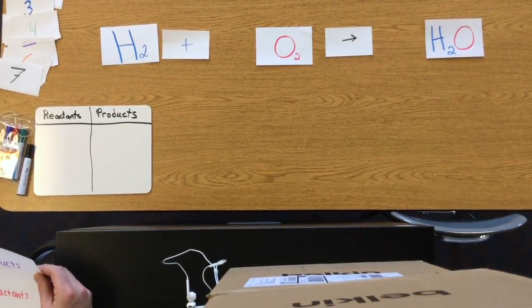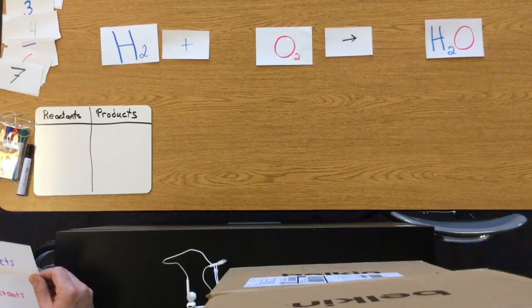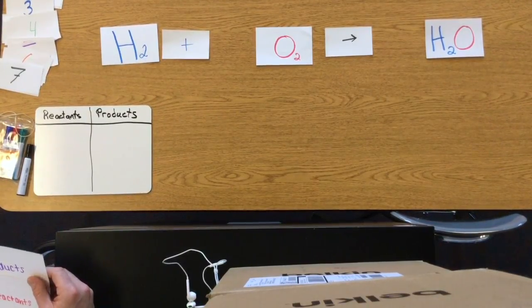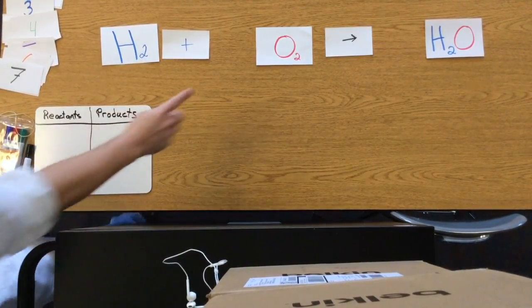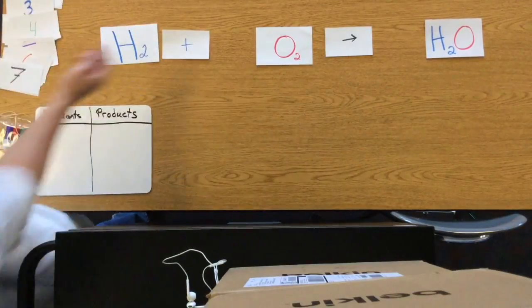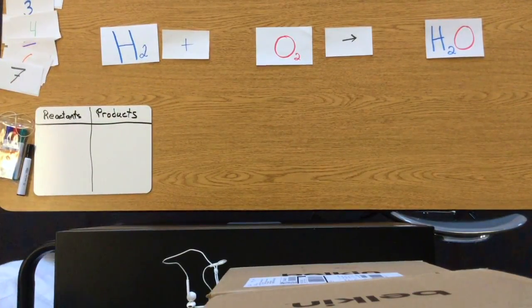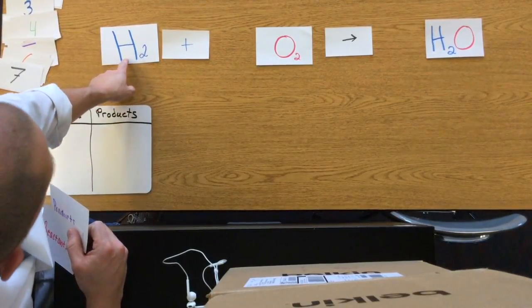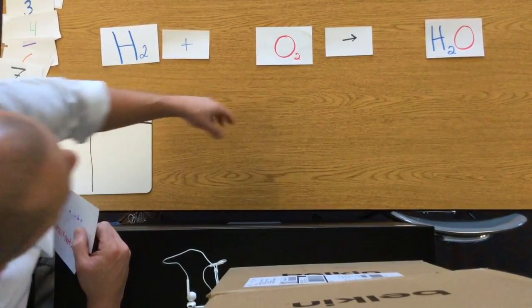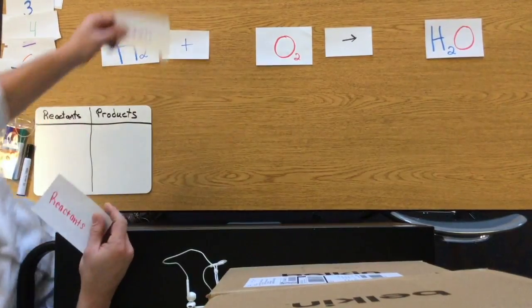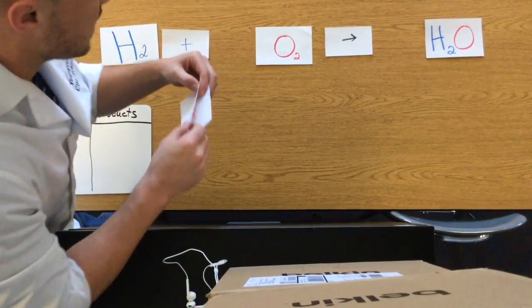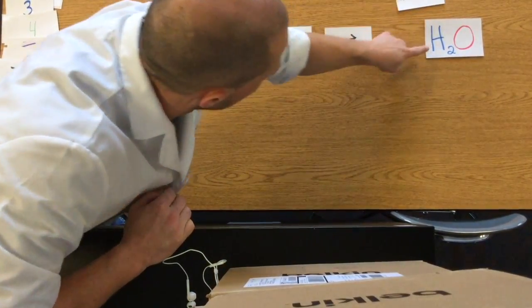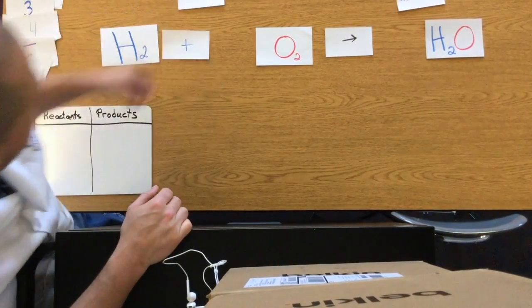In order for compounds to bond, both sides of the arrow have to balance. What that means is there has to be the same number of atoms of each element on the product side and the reactant side.